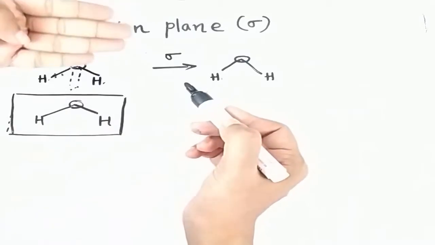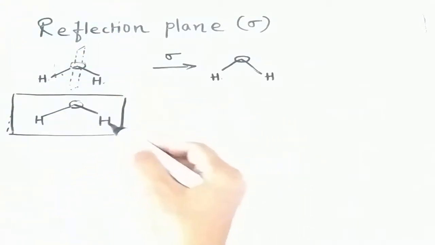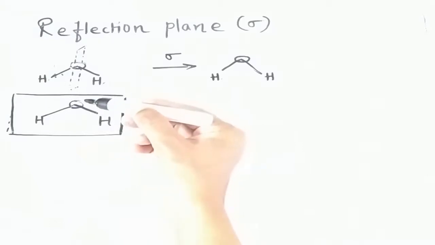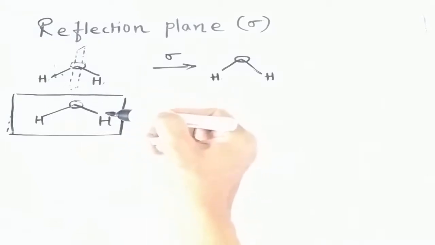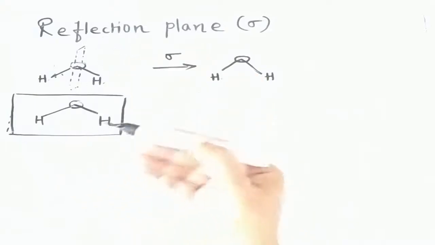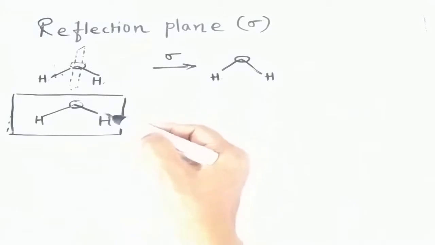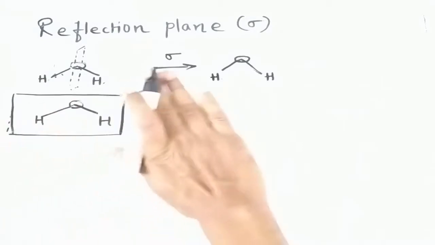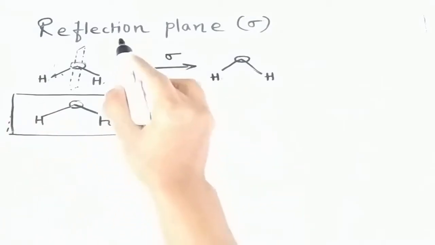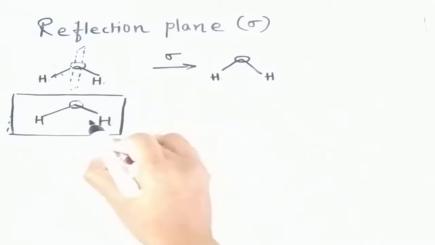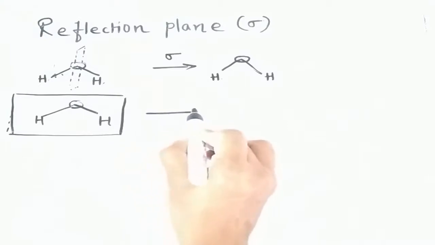That means it cuts every atom in the molecule, and thus half of the oxygen atom will be reflected to the back side of the board. Similarly, this hydrogen, which is very small, will also be sliced exactly in half, and the front part will be reflected into the back part of the board. So this is called a molecular plane, and it reflects the atoms present in the molecule, making them exactly half.